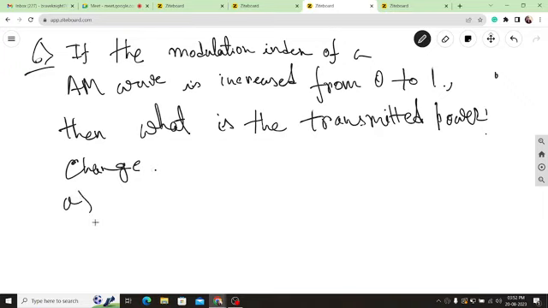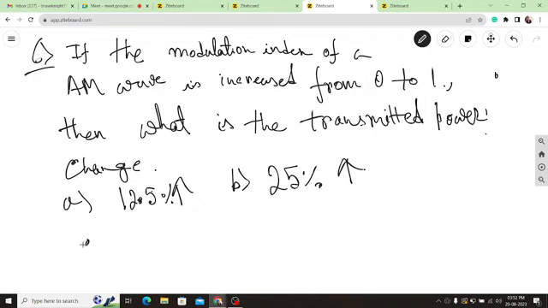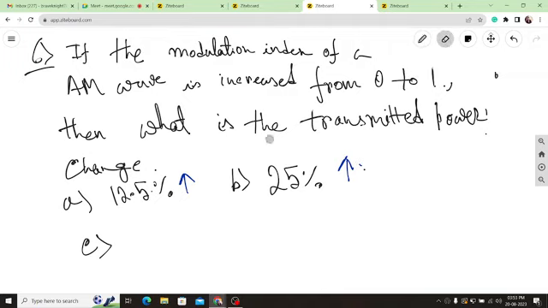Option A is an increase by 12.5%. Option B is an increase by 25%. Option C is an increase by 50%.